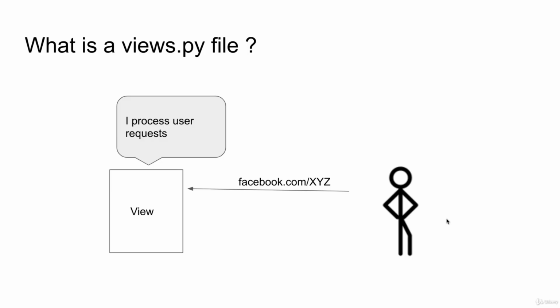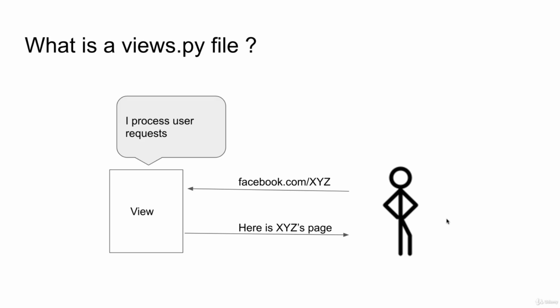The job of this view is to take the request, analyze it, and then send back an appropriate response. In this case, this user is requesting the Facebook page of XYZ user. So the job of this view is to return a response back to the user by giving out XYZ's Facebook page. So this is how the view should actually work.